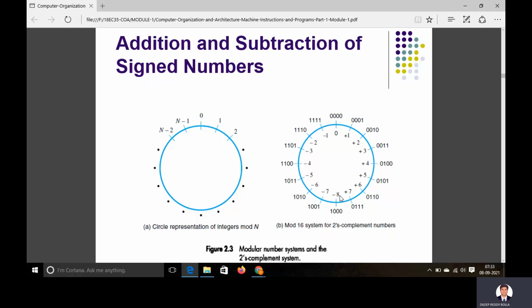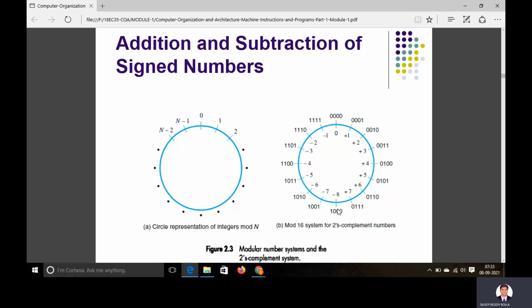Now how did we get minus 8? Minus 8 is the representation of 7 in 2's complement form. If you take 7, it is 0 triple 1. If you represent that 7 in 1's complement, it will become 1 triple 0. So that's the 1 triple 0 we got.